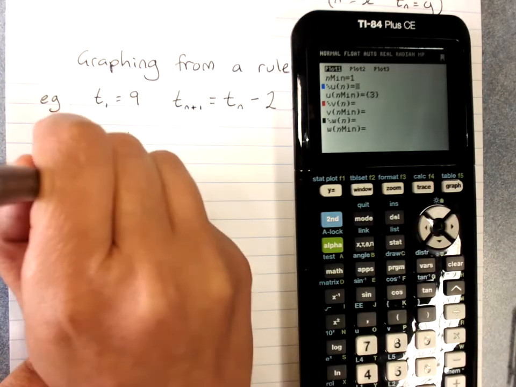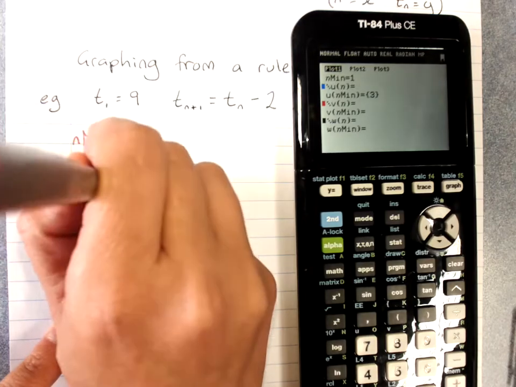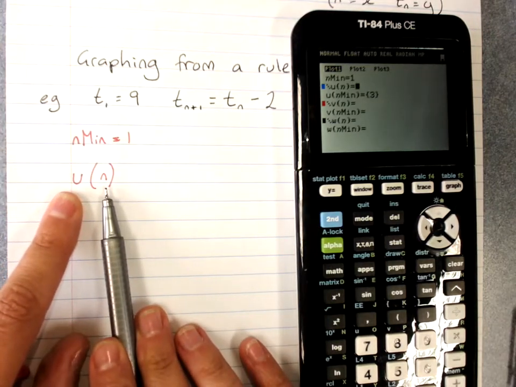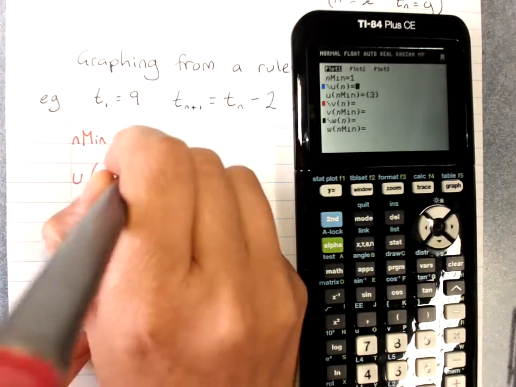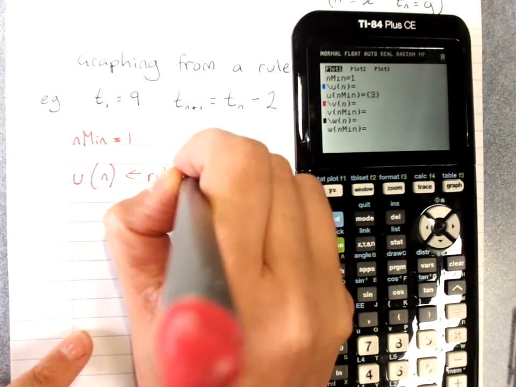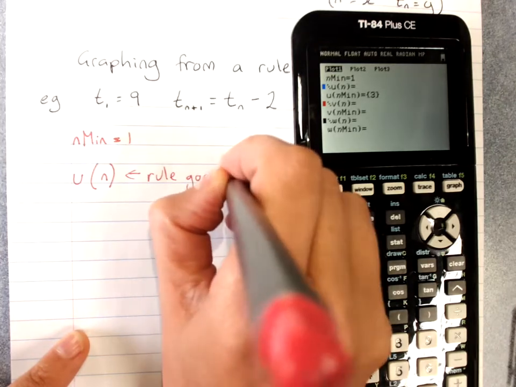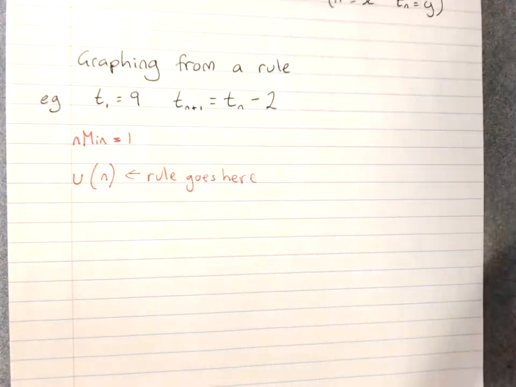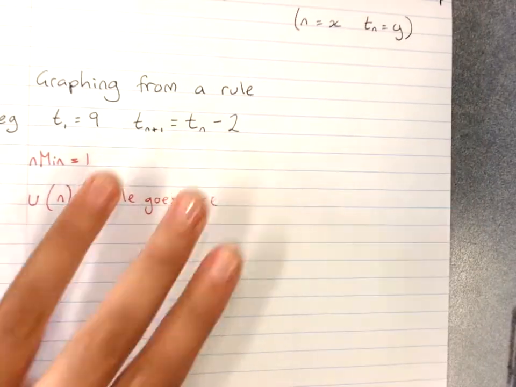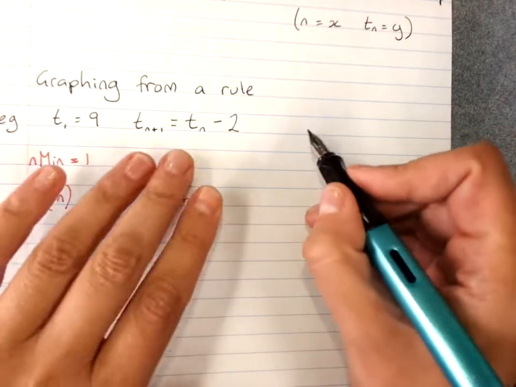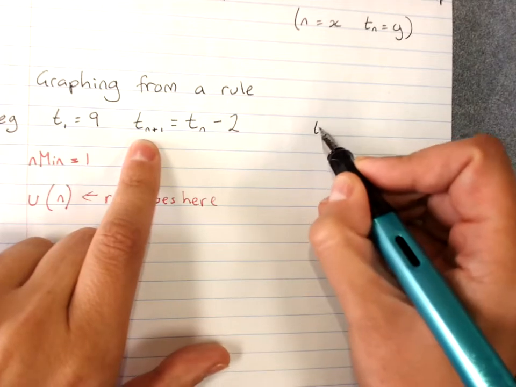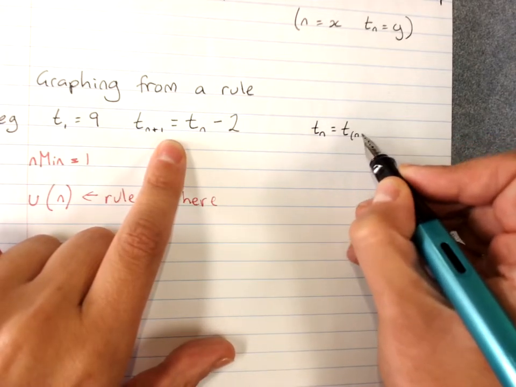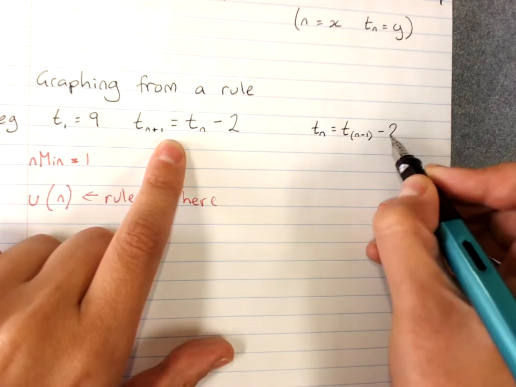The un is where our term rule goes. And to understand this, you'll have to remember when I first introduced you to these rules, I said the other way we could write this was Tn equals Tn minus 1 minus 2.